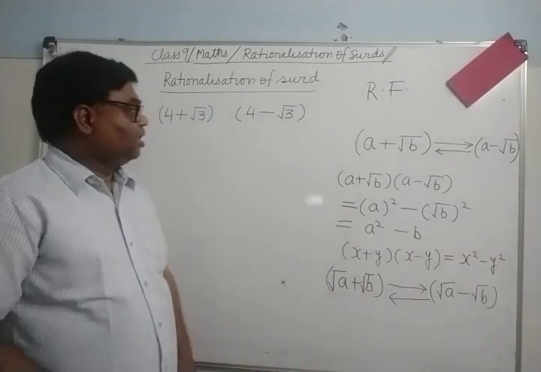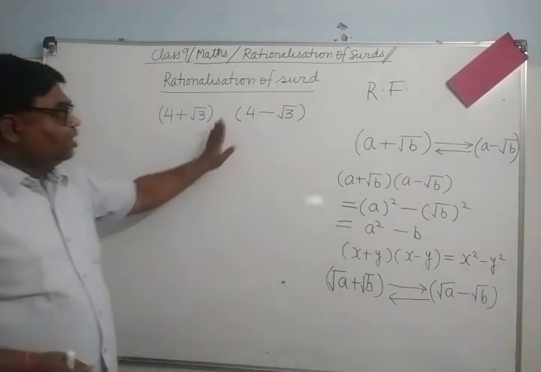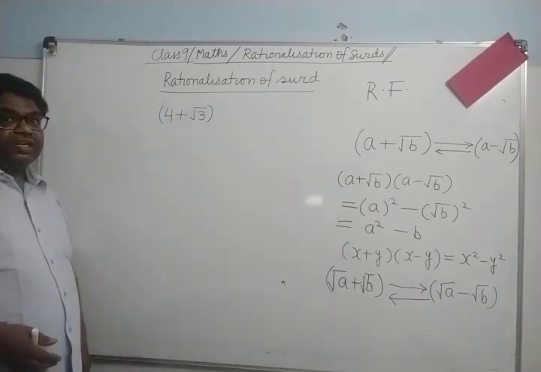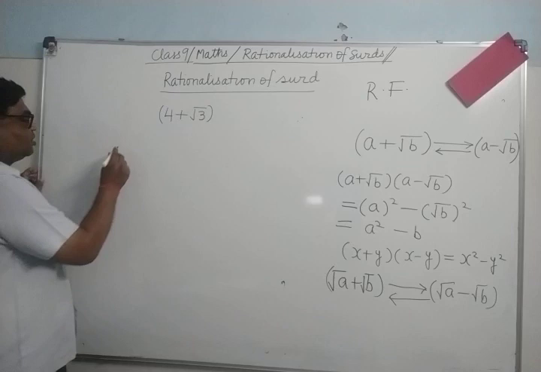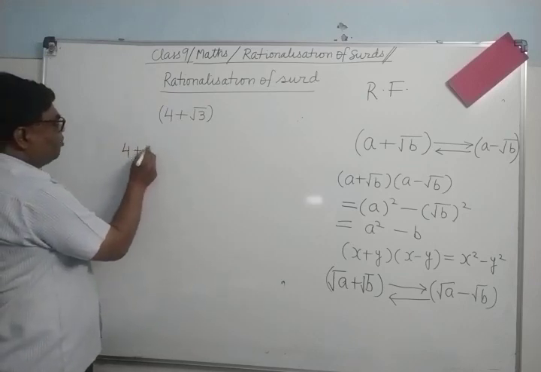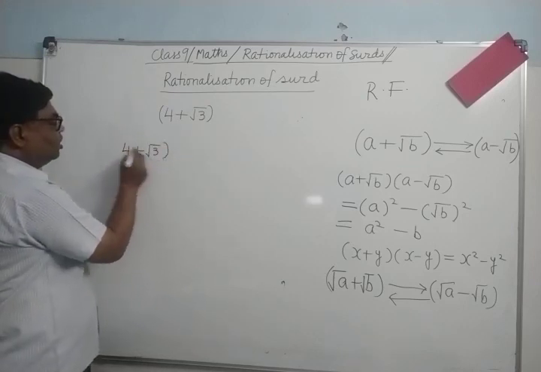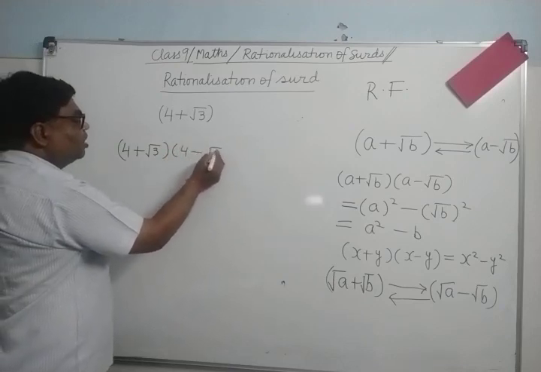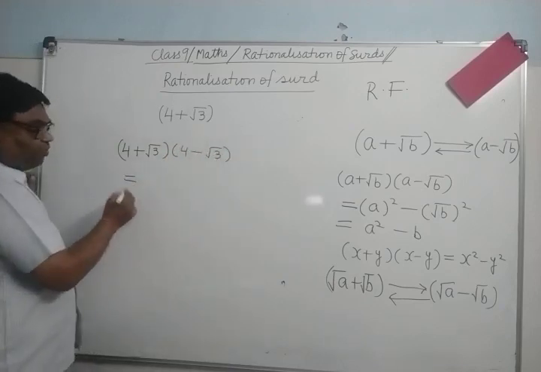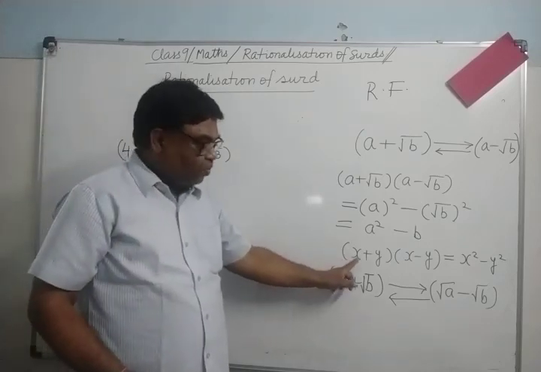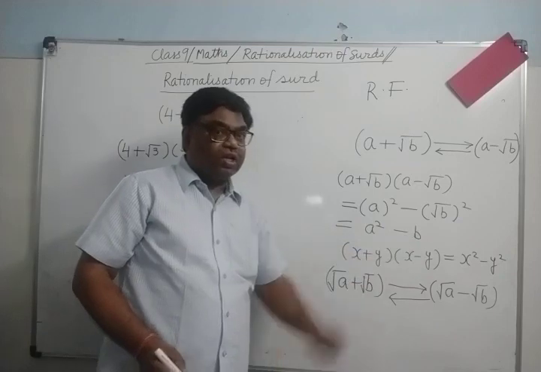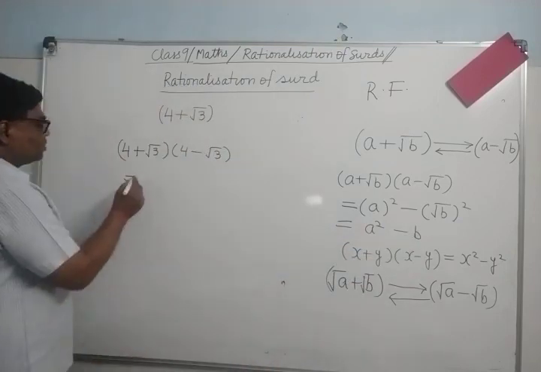Now here you have to rationalize 4 plus root 3. It's clear? So you can see here, if we multiply 4 plus root 3 by 4 minus root 3, what will be the product? We will apply this formula. What is in place of x? 4.